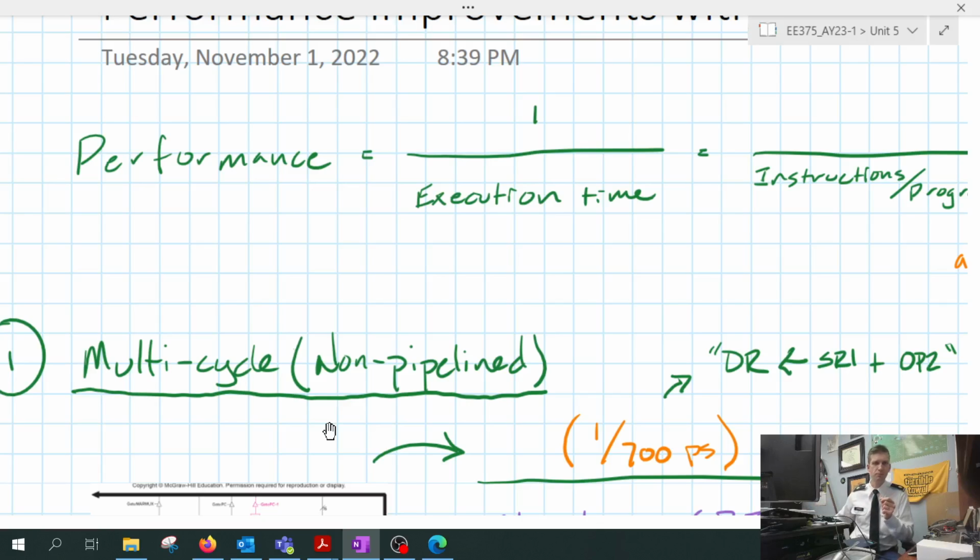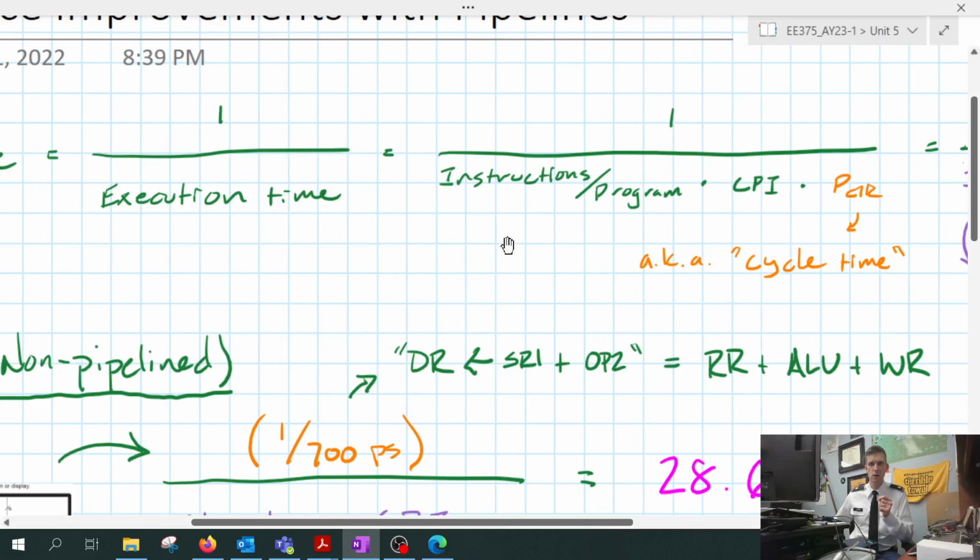The execution time is a function of 3 factors: the number of actual machine instructions in my program, how many clock cycles it takes to complete each of those instructions (CPI, recall, is clock cycles per instruction), and how long it takes my processor to complete 1 clock cycle, otherwise known as the cycle time, the period of the clock.